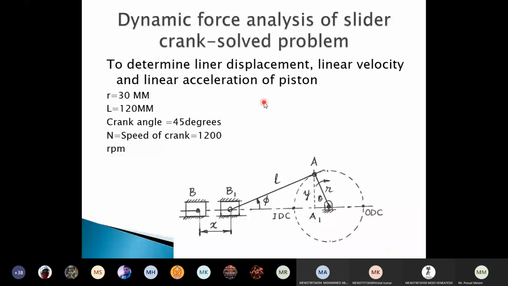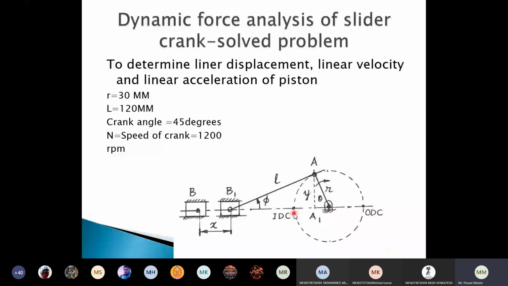Yes, sir. So in this problem, our aim is to find the displacement x and linear velocity x dash and linear acceleration x double dot, which is made by the piston. Now B is the initial position of the piston. B1 is the final position of the piston. When the piston is at position B, the crank is at inner dead center.